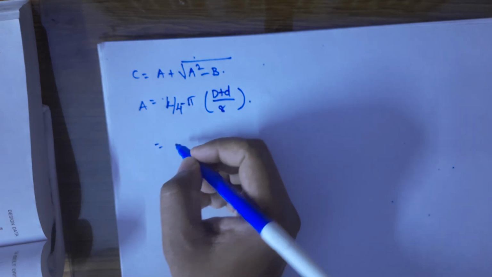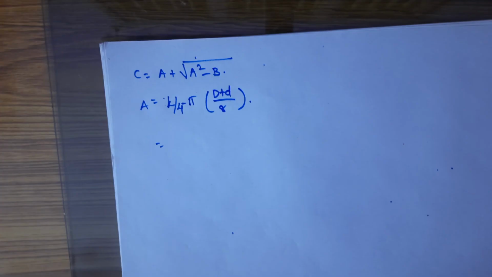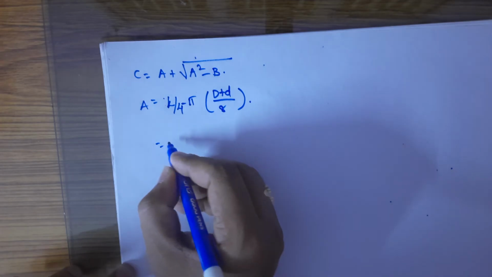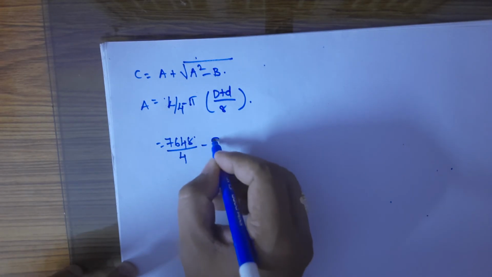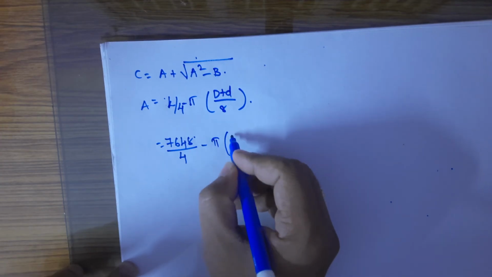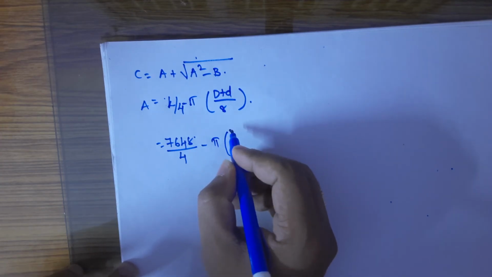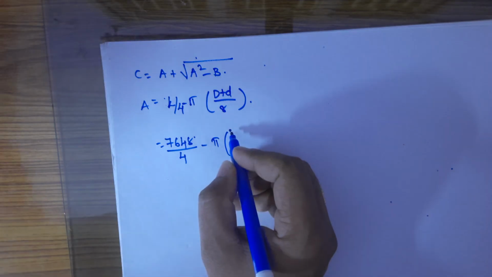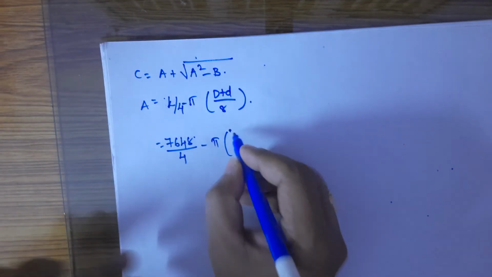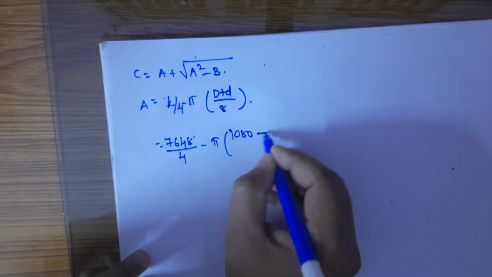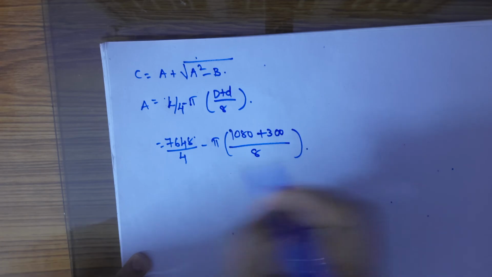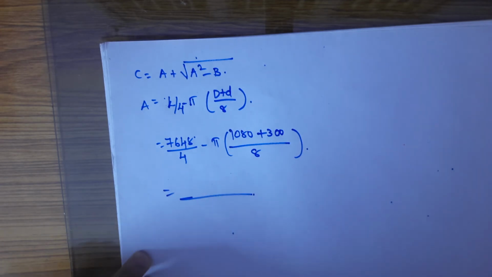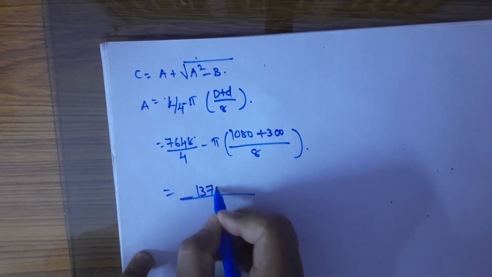So now L is nothing but your next standard length, that is 7648 by 4 minus pi, capital D that we have got is 1080 plus 300 by 8. Okay, so what is the answer that we have got is 1370.